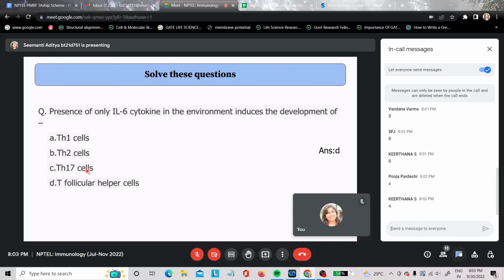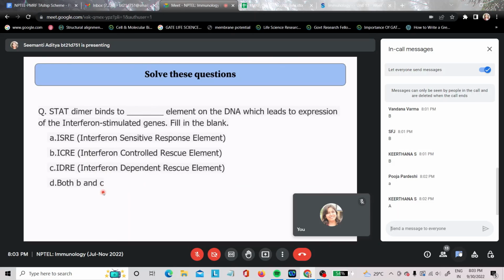TH17 is by IL-6 and TGF beta, and T follicular helper cell is by IL-6. So IL-6 helps in the development of T follicular helper cells. So yes, this was also discussed in the lecture.